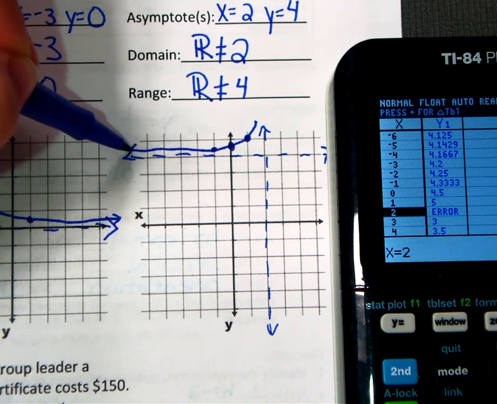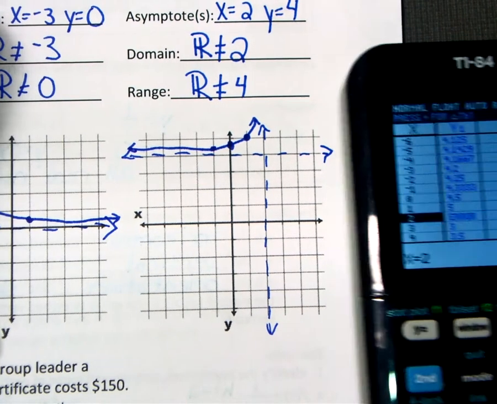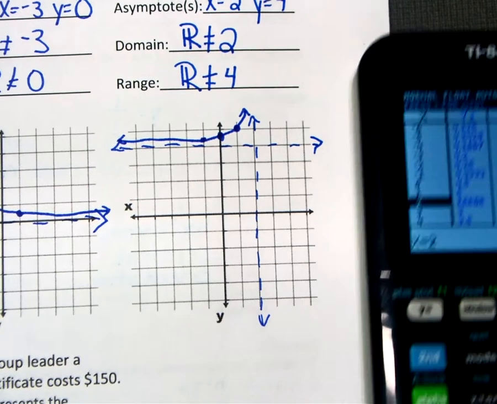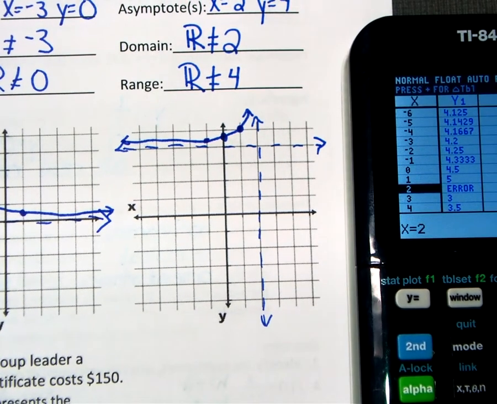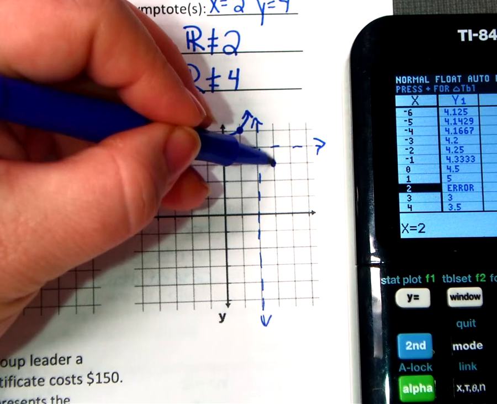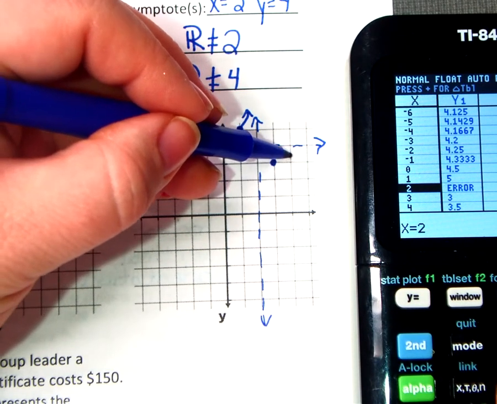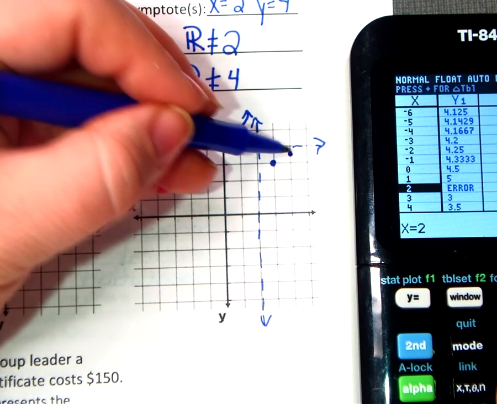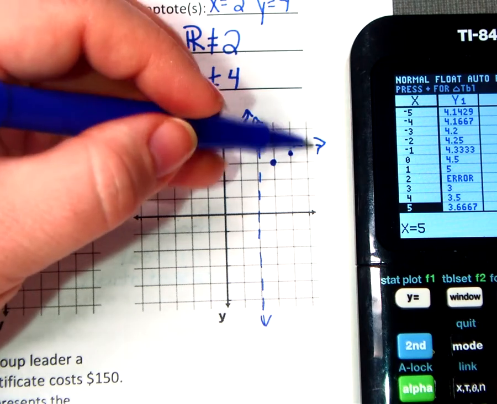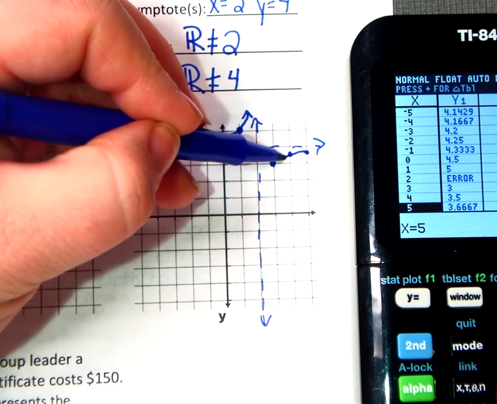Don't touch or cross your asymptote. On the other side of my vertical asymptote, I have 3, 3, 4 and 3.5, and 5 and 3.66 repeating.